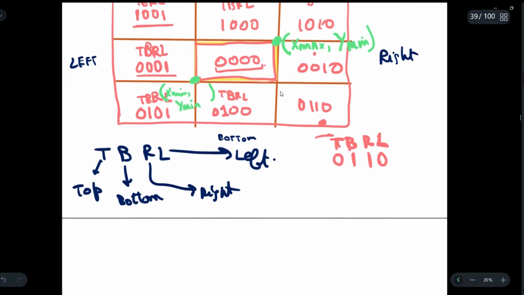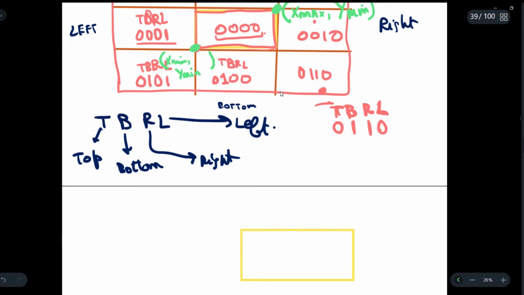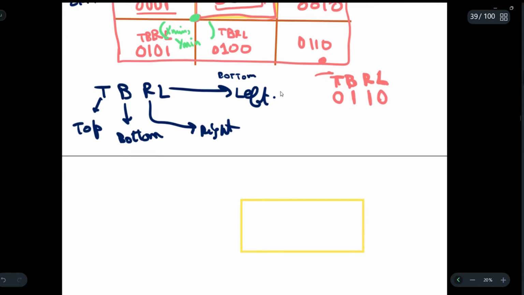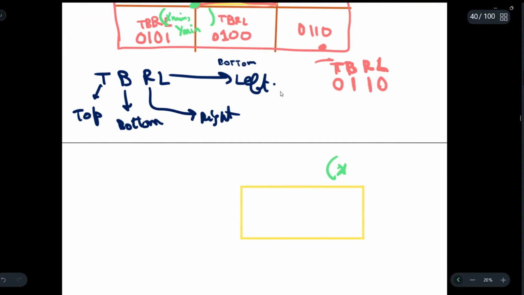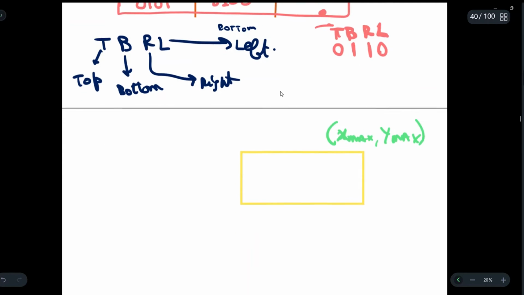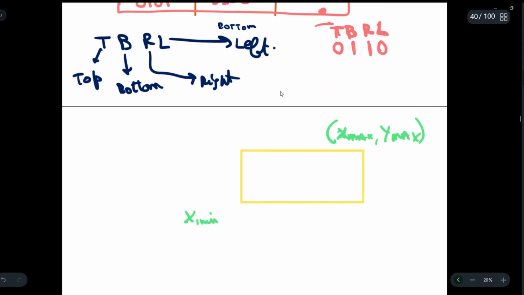Now let me draw this polygon again and write the coordinates again, that is, this is x max, this is y max, this is x min, and this is y min, this point and this point.